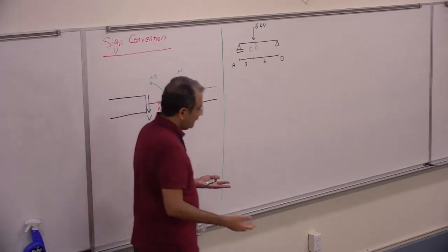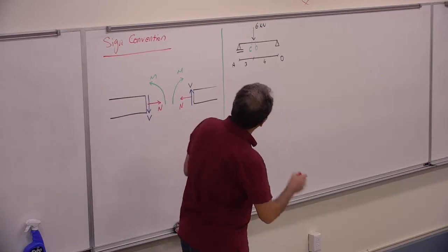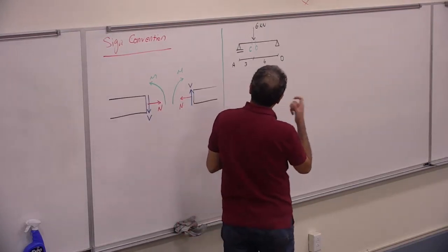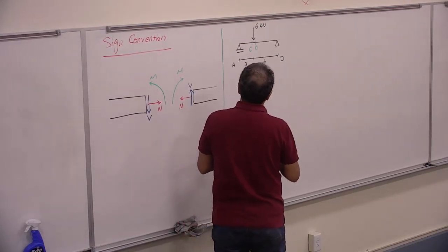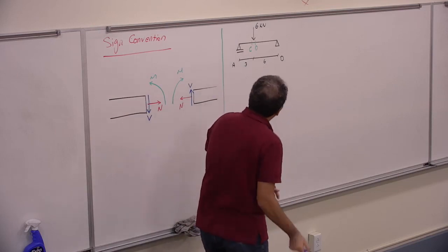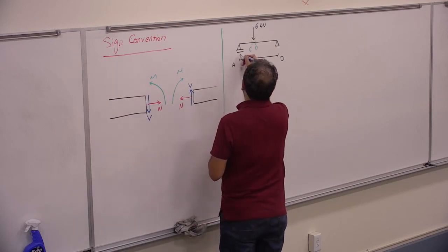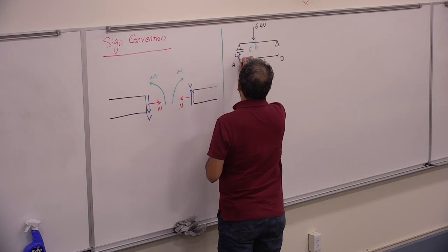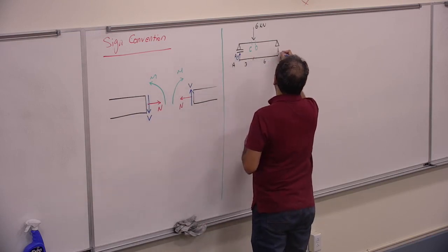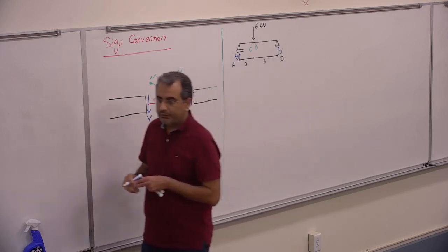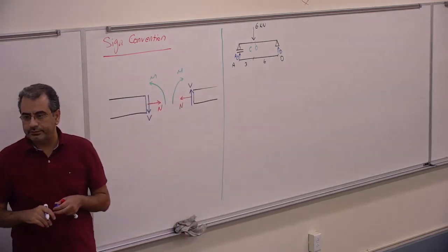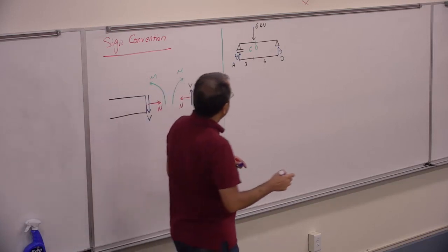So the first step to do that is I have to find the reactions of the support. The reaction of the support here for A is going to be just AY. Here I have DY, and let's see which way, and DX.